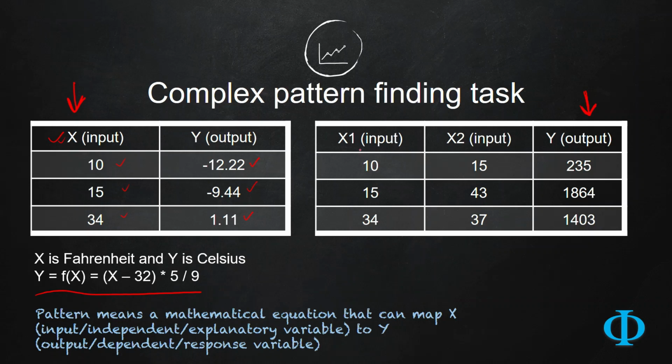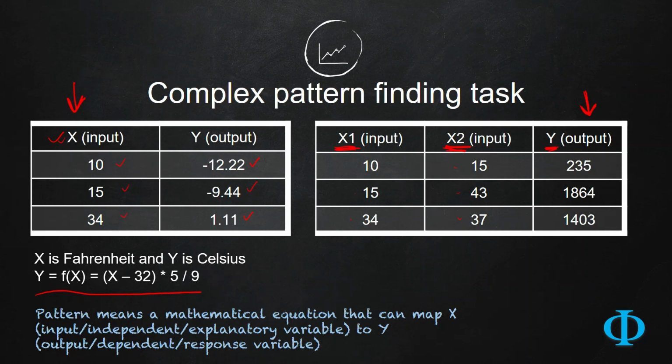Here, there are two different inputs, x1 and x2. x1 has values 10, 15 and 34, whereas x2 has values 15, 43 and 37. And now the job is to create a function or an equation involving both inputs, x1 and x2, so that you can map it with the response variable y.